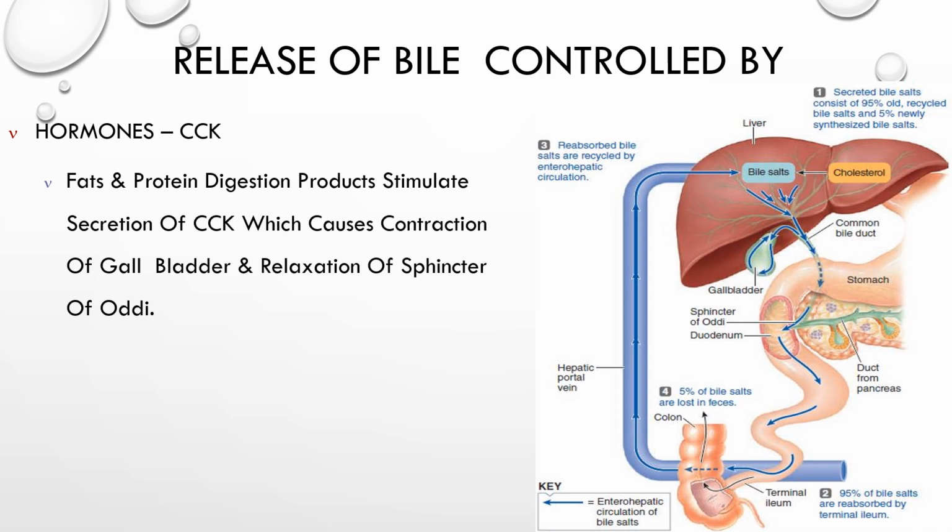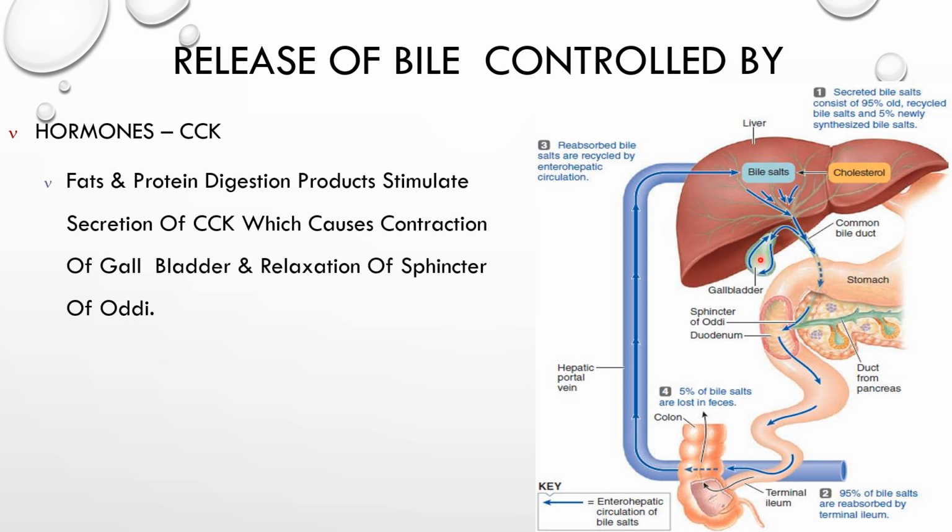Release of bile is controlled by the hormone cholecystokinin. The fat and the protein digestion products stimulate the secretion of the cholecystokinin. This cholecystokinin causes the contraction of the gallbladder and also relaxation of the sphincter of Oddi.